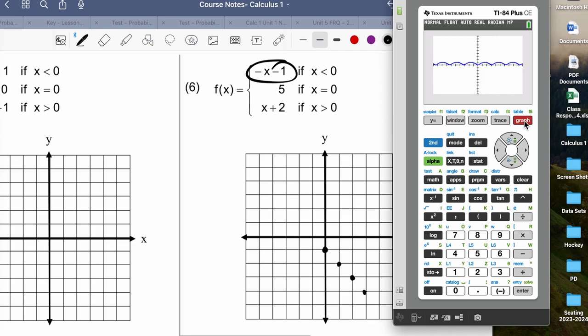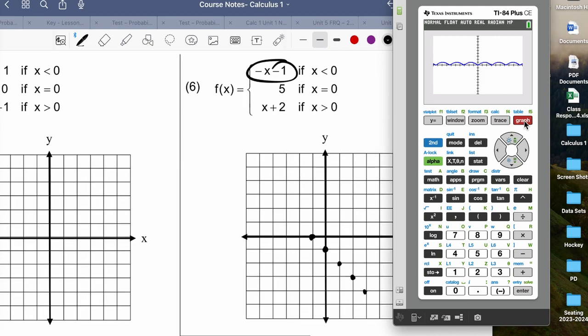I plot these points, and then I say, but wait a minute, I want x to be less than 0. So I get rid of everything that's not less than 0. At 0, I would pop in an open circle because I can't get to 0, not with that piece anyway. And then draw a line. And that's that first piece.